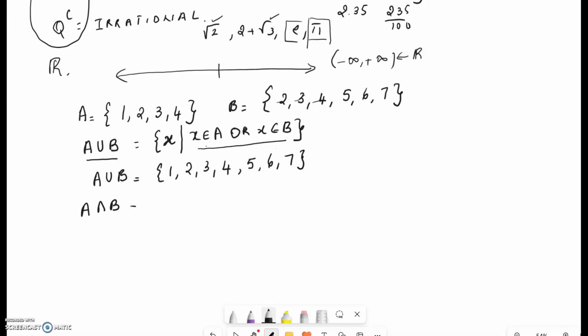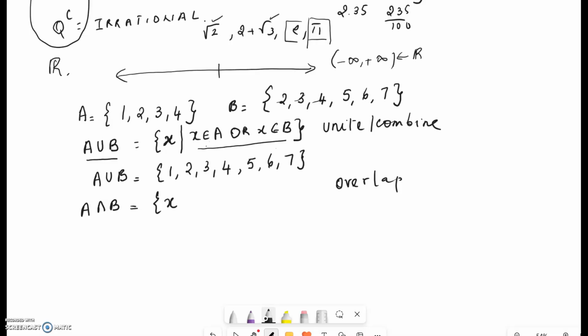Intersection is the overlap. So unite or combine is for union, and intersection is the overlap only. The condition is much stricter. So let's look at the set theoretic definition.